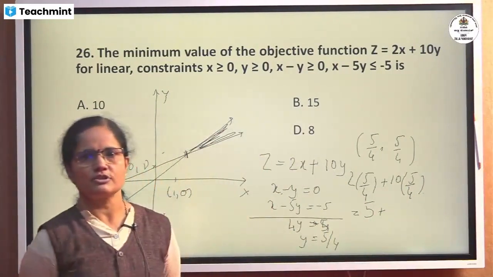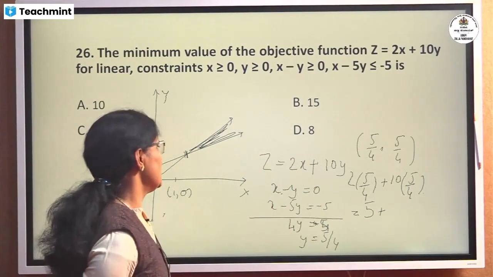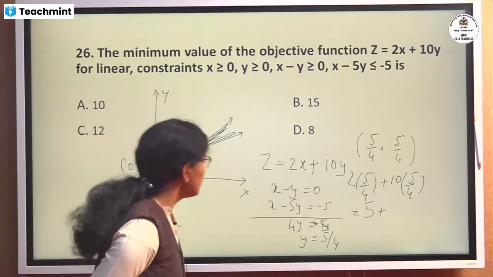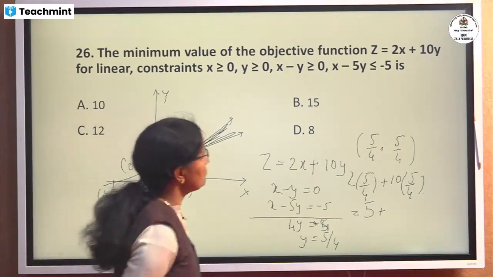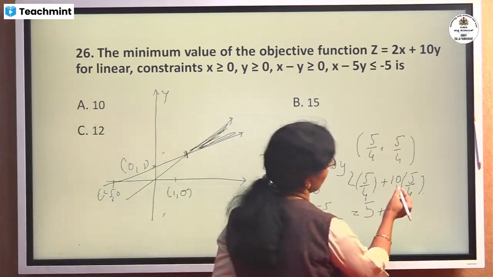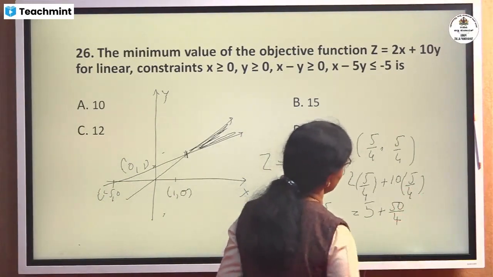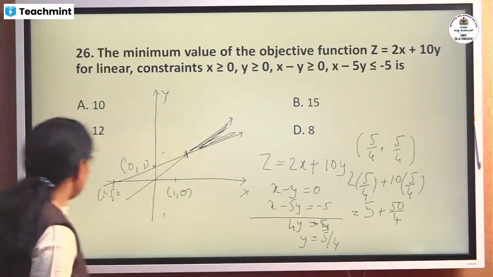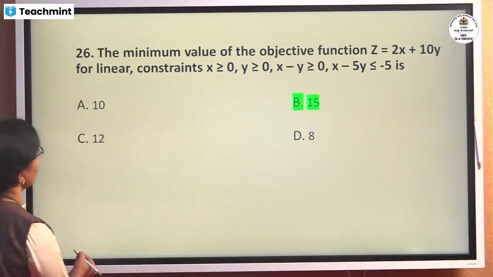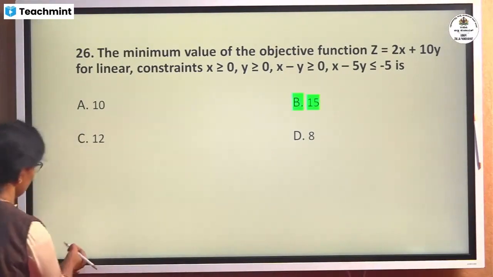I have to check 2x plus 10y, with 5 divided by 4, 5 divided by 4, and 10 into 50 divided by 4. So I will check the option. That is equal to 15 you have to get.